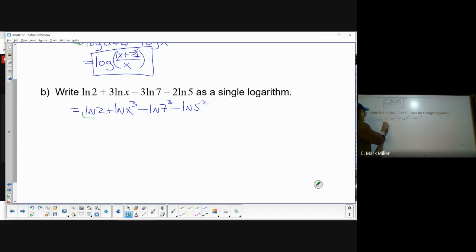Let's do some combining. The sum of logs is the log of the product. So this is natural log of 2x cubed.